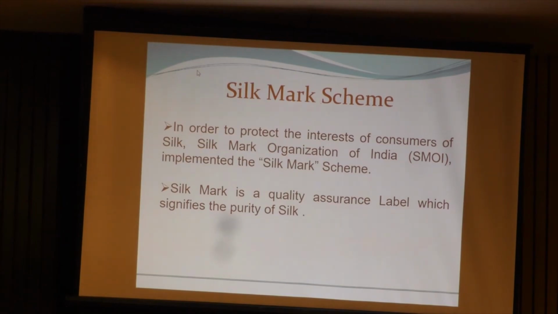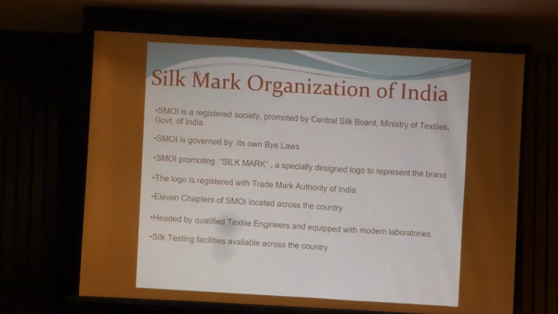It's a quality assurance label. SMOI is a registered society promoted by the Central Silk Board, Ministry of Textiles, Government of India. It's governed by its own bylaws. SMOI promotes Silk Mark with a specially designed logo to represent the brand.